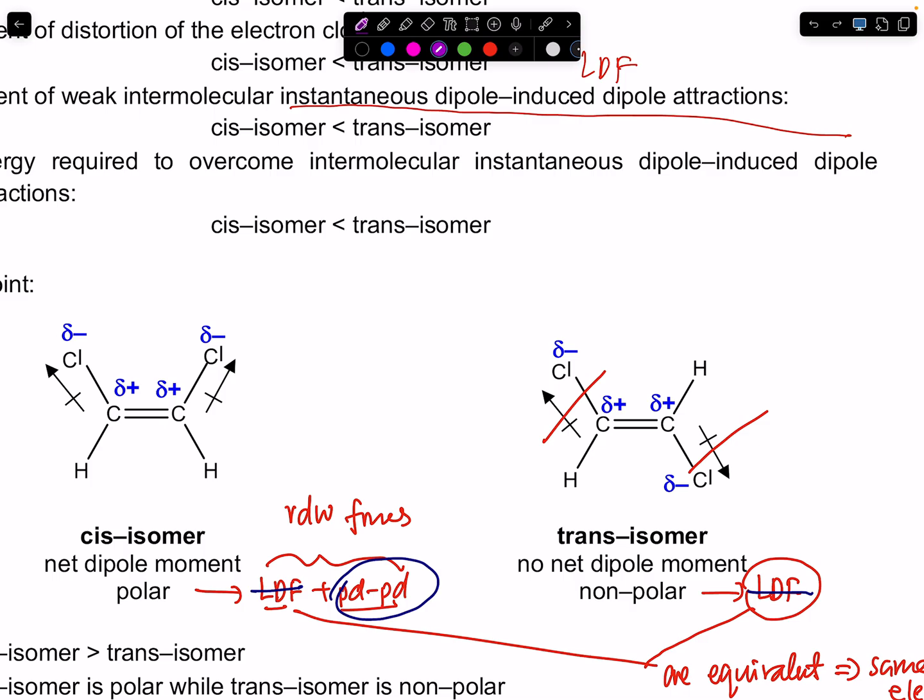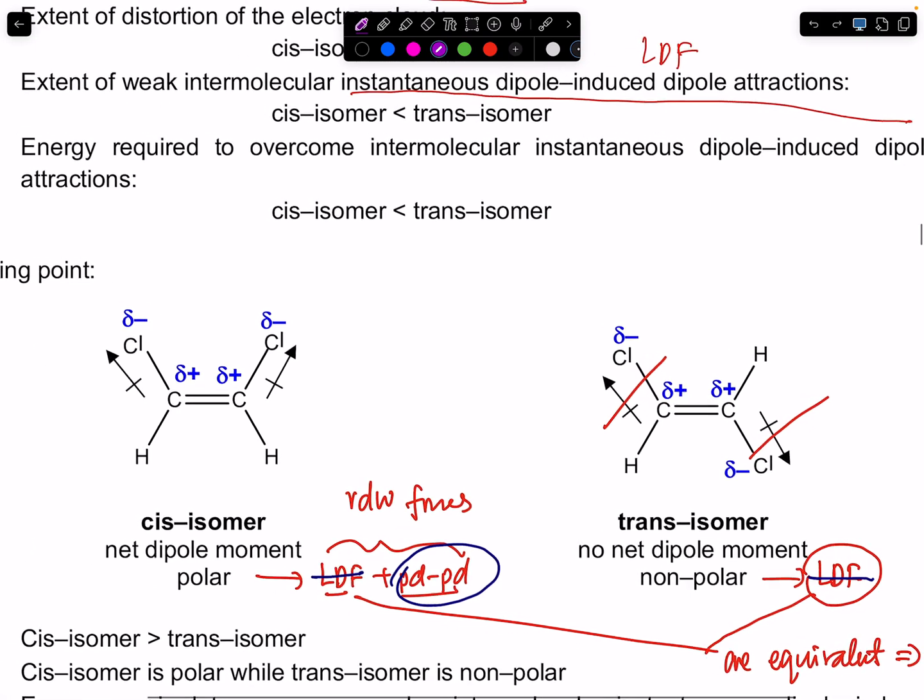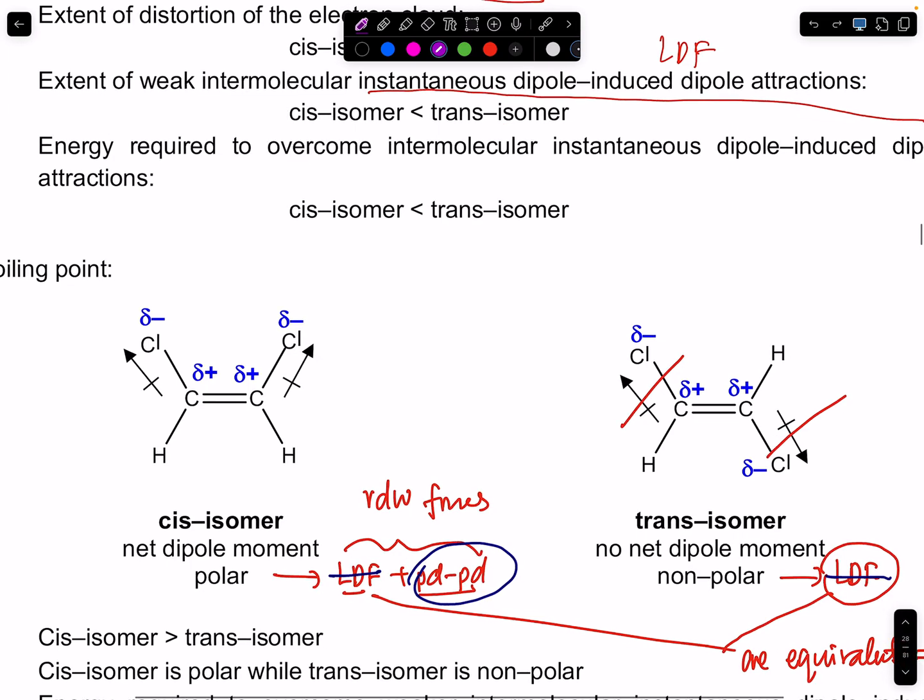You all understand? And that's why the London dispersion forces are a controlled variable. So are you able to see, guys? This particular cis isomer only has dipole-dipole. And because it has dipole-dipole, its boiling point outweighs the trans isomer.